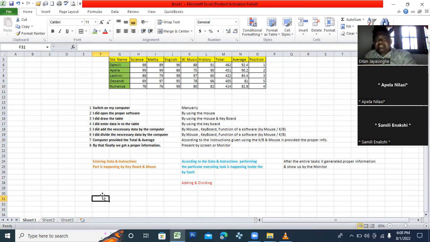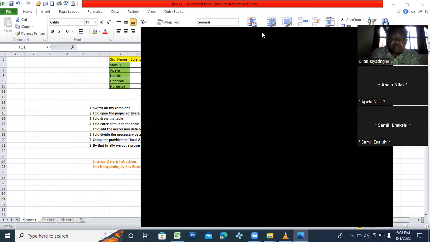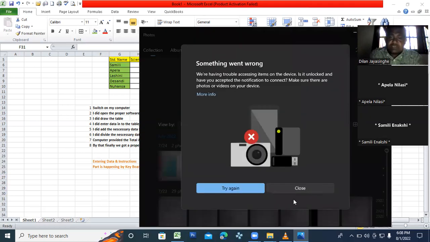As well as each and every process happens by a specific component related to the computer. Understood it?